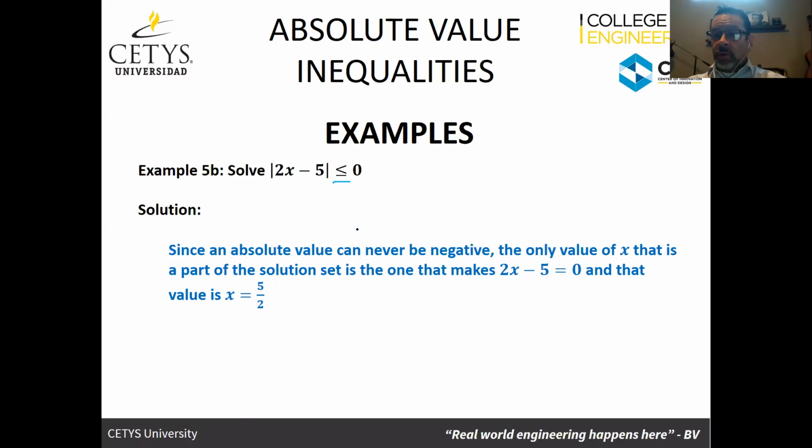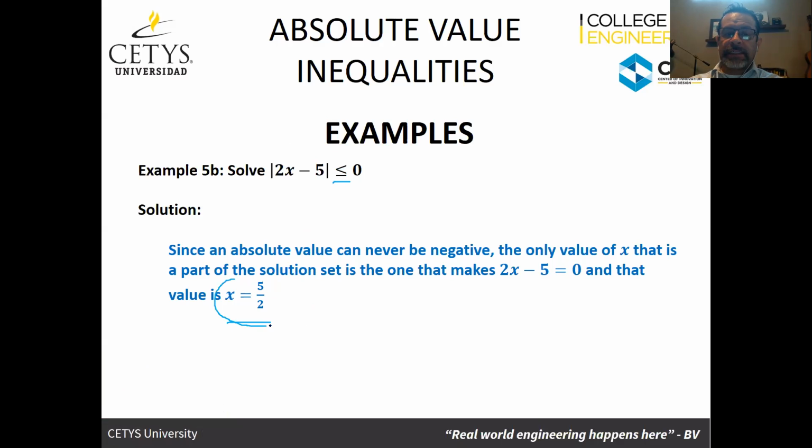Okay, and so there is a value that complies with the solution, and it's the value that makes the expression 0. That should be included because it says less than or equal to 0. So what value makes 2x minus 5 equal to 0? That would be x equals 5 divided by 2. And so the solution set is just this value.